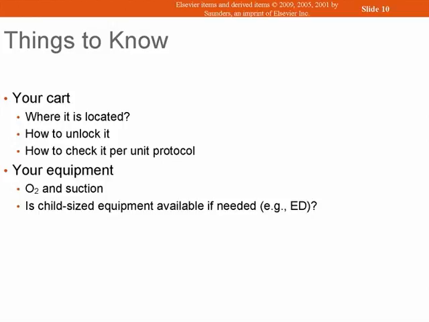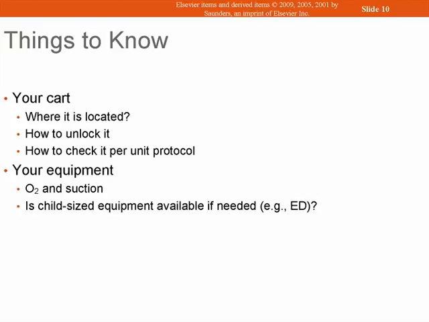So here are some things that you need to know, and this needs to be a routine that you set up every time you go on a nursing floor or unit. Know where your cart is. Where is it located? How do you unlock it? And what's the unit protocol for checking it?